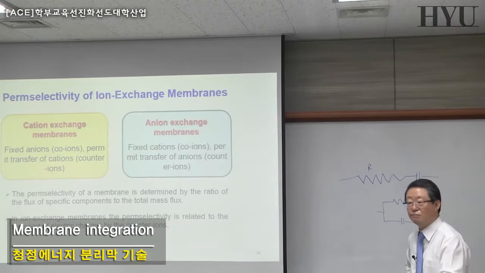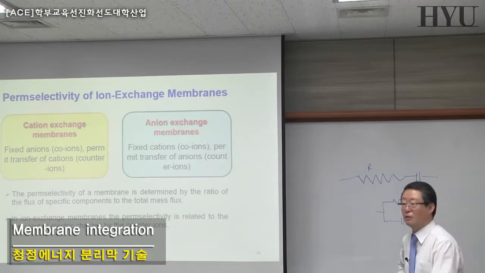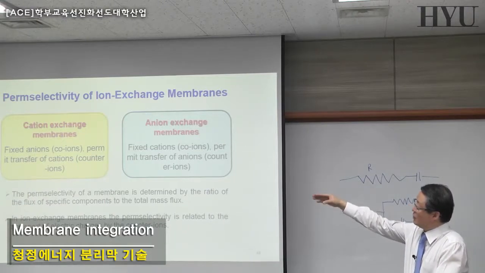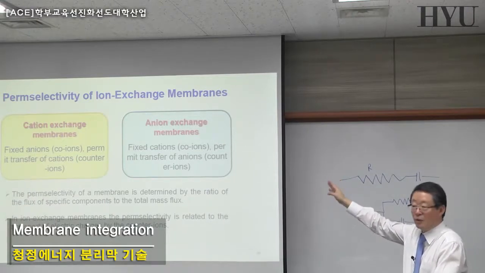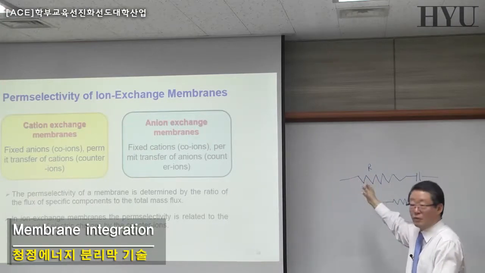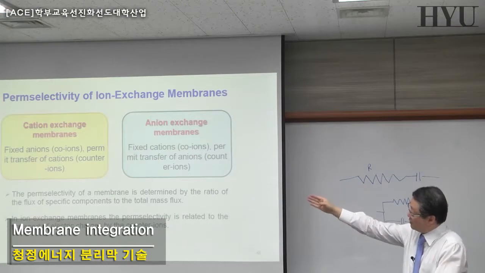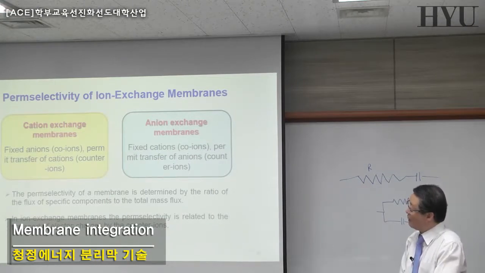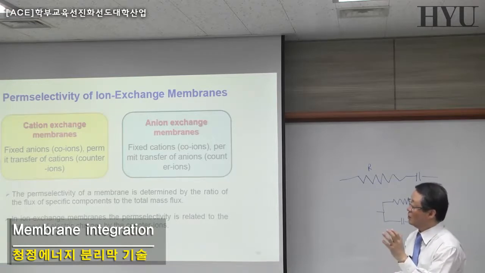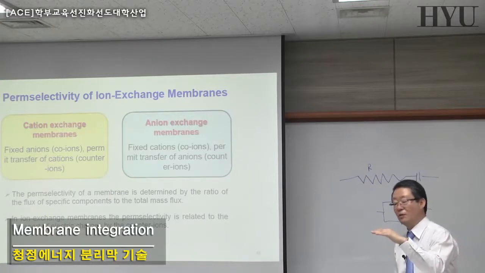The second very important aspect, other than the IEC and the resistance, is the permselectivity. Because we are talking about a cation exchange membrane or anion exchange membrane, or maybe a bipolar membrane, which contains both of these two charges. If you're talking about a cation exchange membrane, you have fixed ions, such as a sulfate ion, in the membrane.